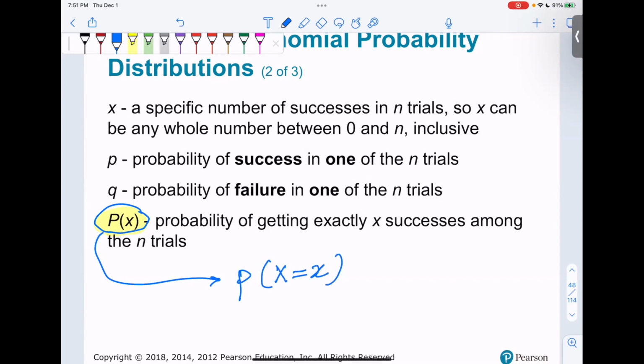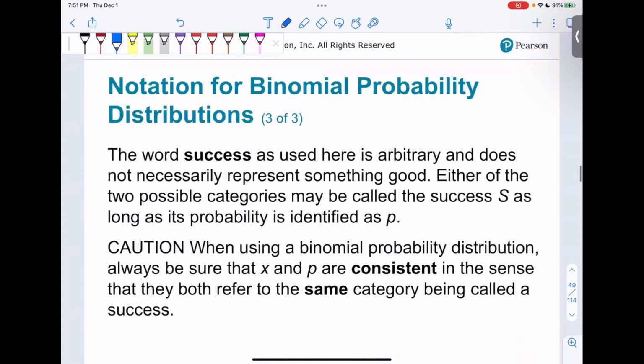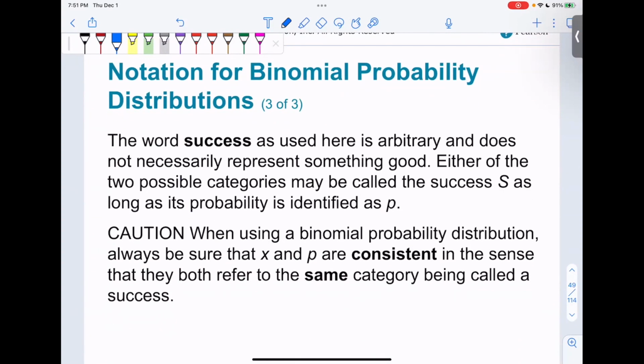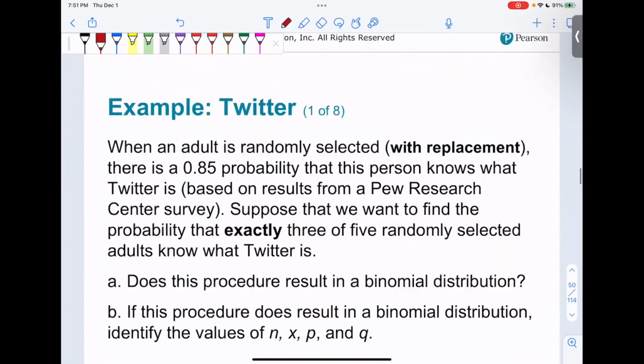So let's say the probability of X equal to 3 among, I don't know, N trials, let's say 10 maybe. Here they mention that success doesn't mean something good. Success is just the event we are interested in.